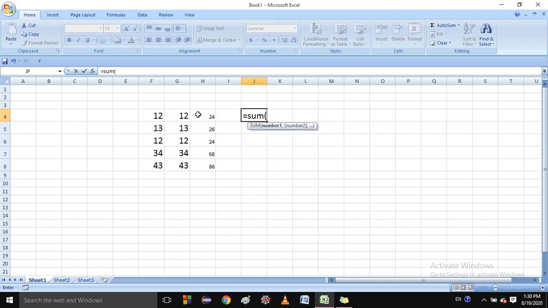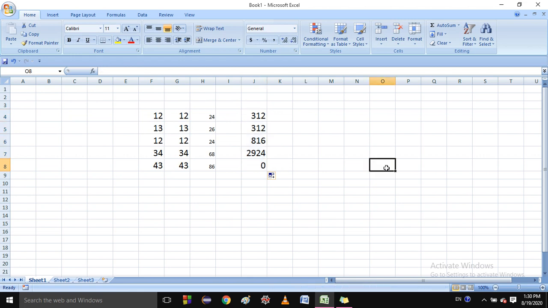Sum, the addition of this range, then multiply this column. If you press enter, then you get 34, and if you stretch this one, then what happened? Just see the formula: F5.